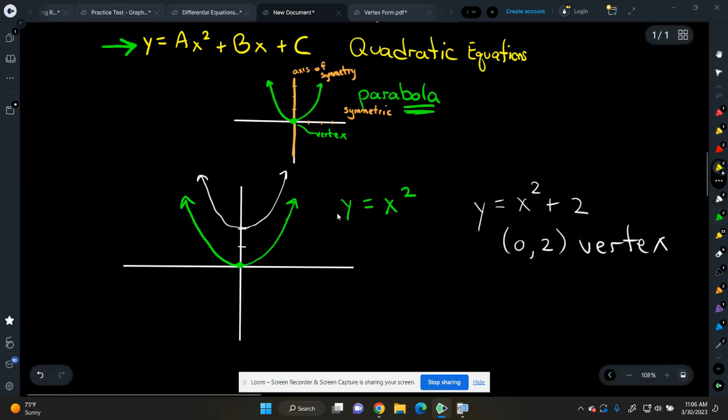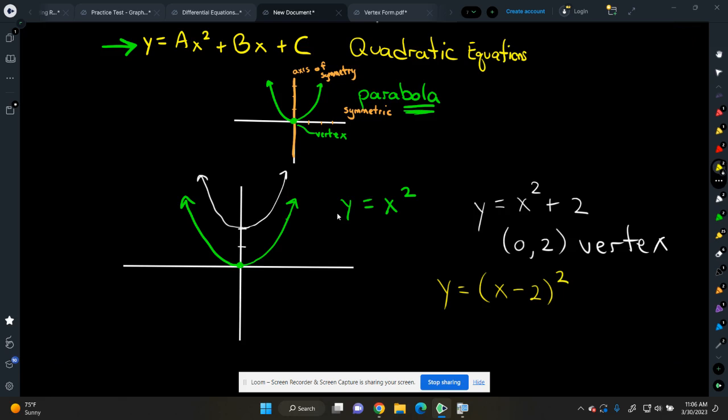What if I graph y equals (x minus 2) squared? Does anyone remember what happens with that? To the right. When we're adding or subtracting inside the parentheses, we're shifting left and right.